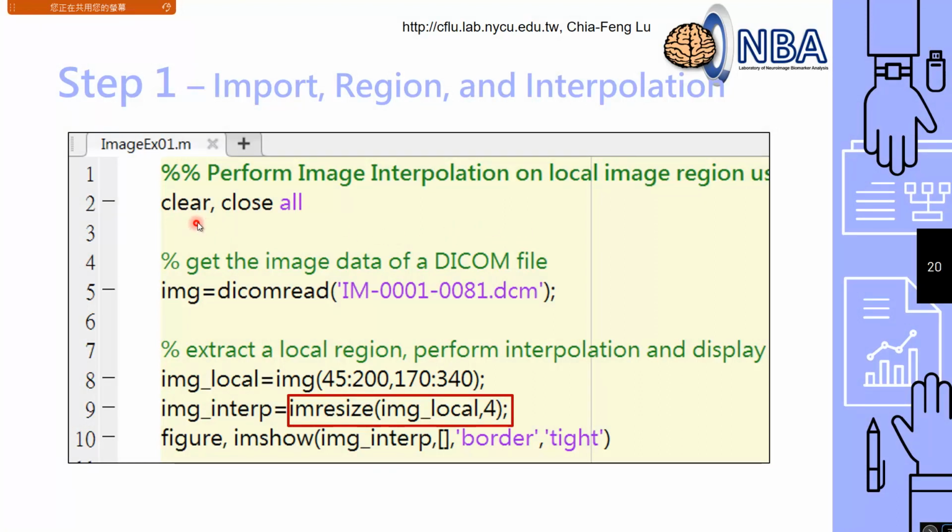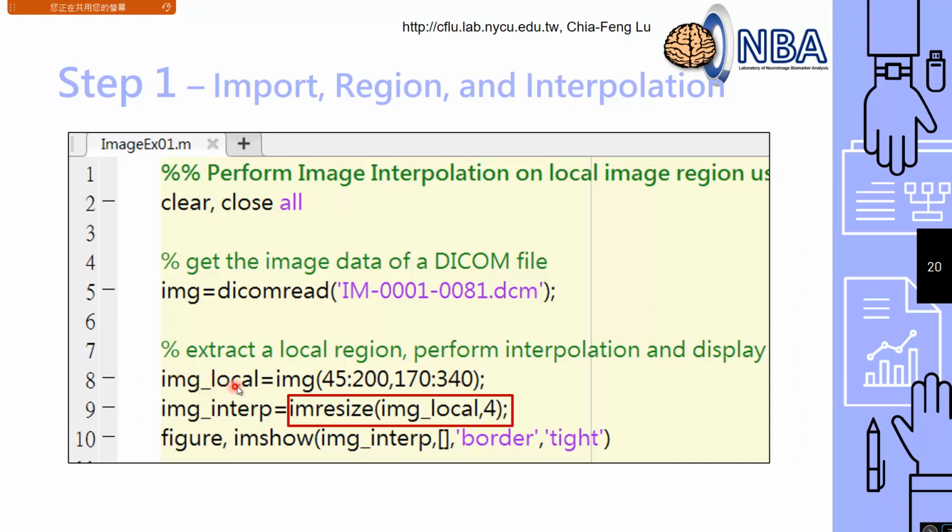For the very first thing, you clear and close. I think this is kind of a habit that you can always do for your script. We use the DICOM read to read the specific DICOM file. We extract a local region by getting a specific range of the rows and a specific range of the columns right here.